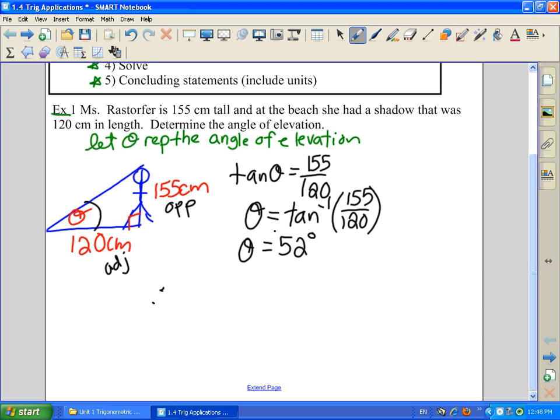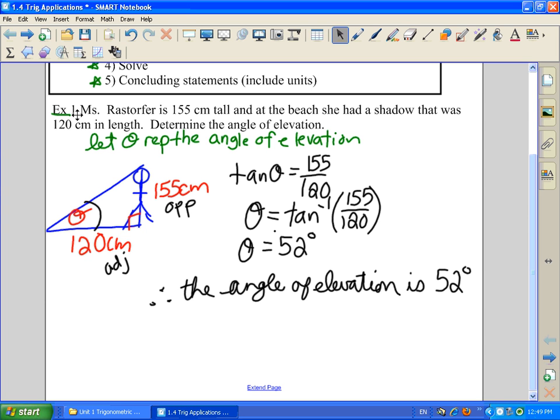So therefore, the angle of elevation is 52 degrees.